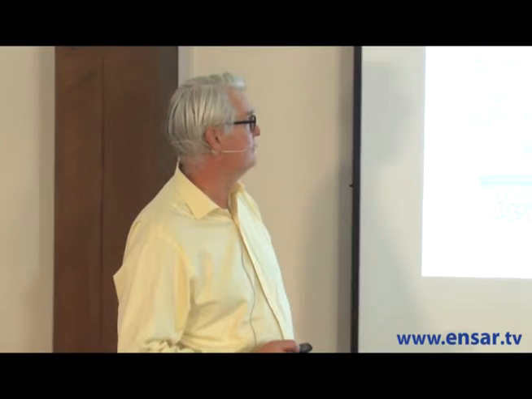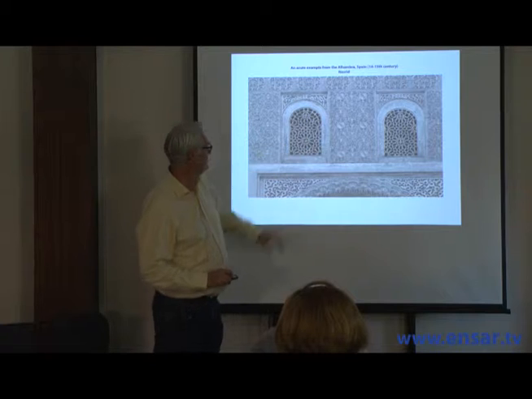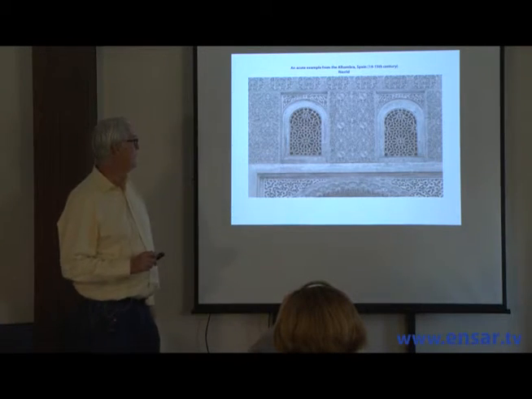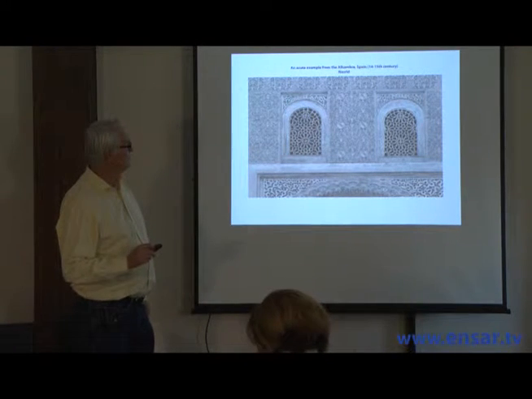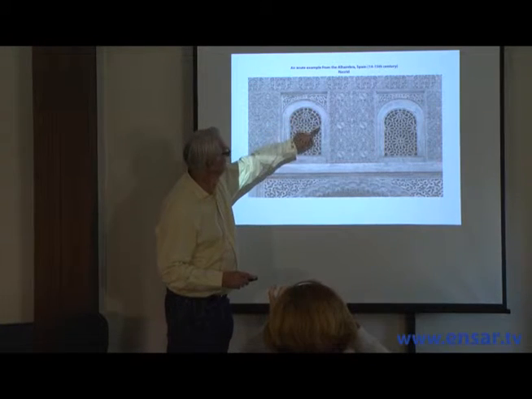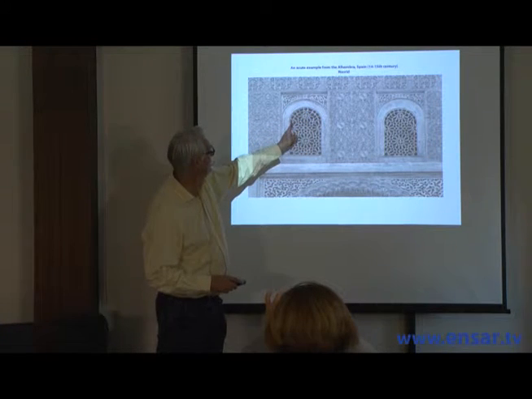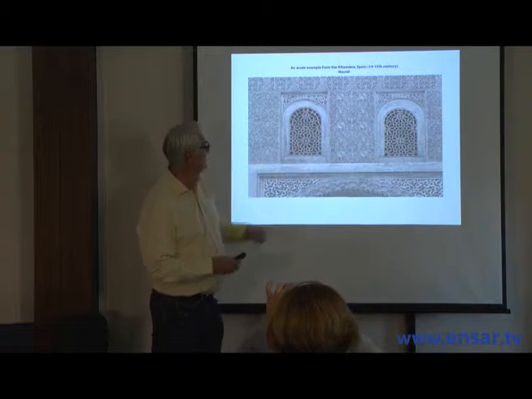Another example from the Alhambra, later than the previous, but the exact same pattern is in these window grills. It's interesting what the artist has done here. Look at this line, this parallel line in the pattern. They've interrupted the pattern and arbitrarily put this parallel line in.